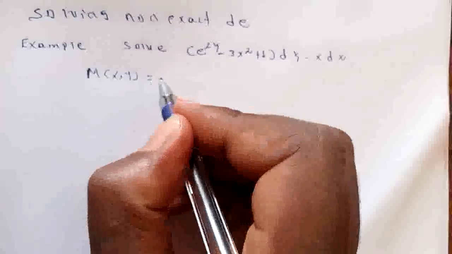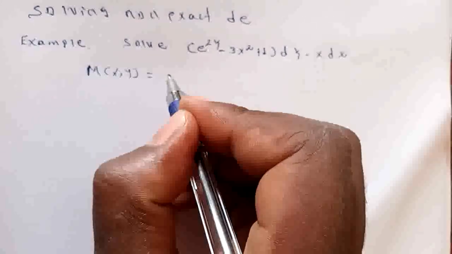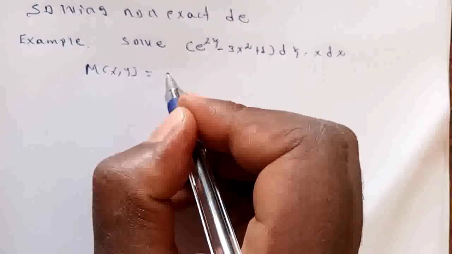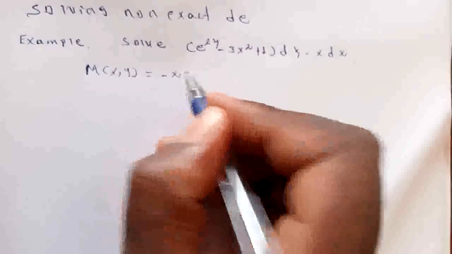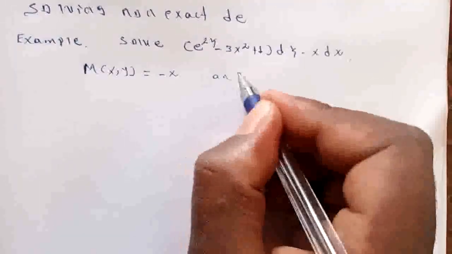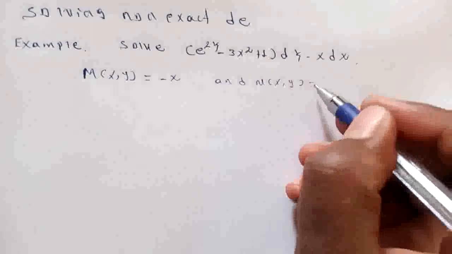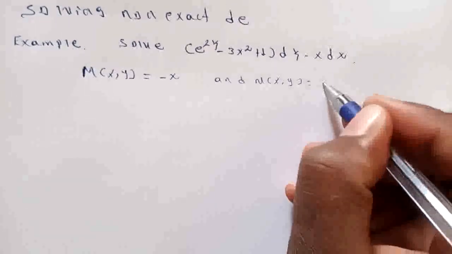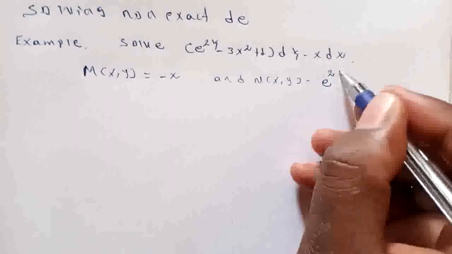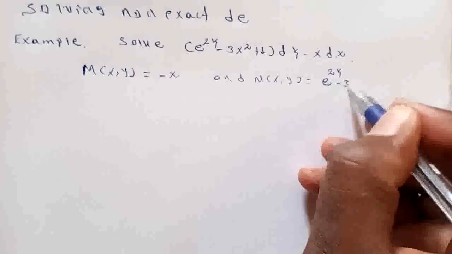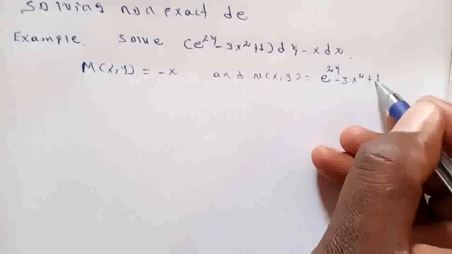Actually, in the first episode, we have seen how we can take off the M of xy dx, which is minus x, and here N of xy is equal to e raised to 2y minus 3x squared plus 1.